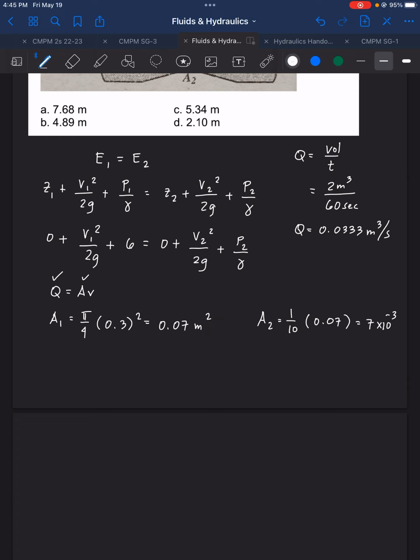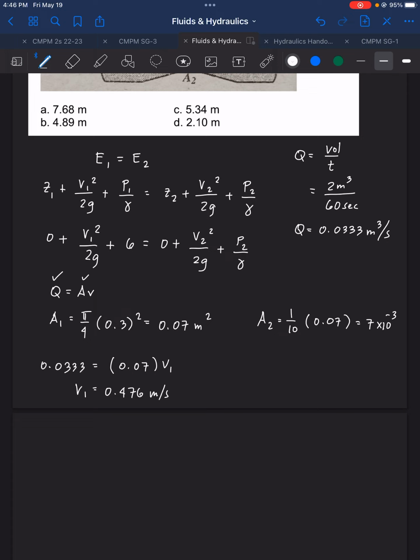Now for the velocity, we have 0.0333 equals 0.07 times V1. So V1 is equal to 0.0333 divided by 0.07, which is 0.476 meter per second.